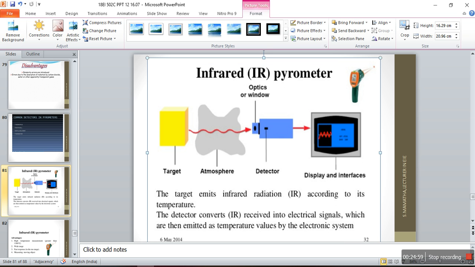So this is the small device. This device is showing the IR pyrometer. The detector converts IR received into electrical signals, which are then emitted as temperature values by the electronic system.